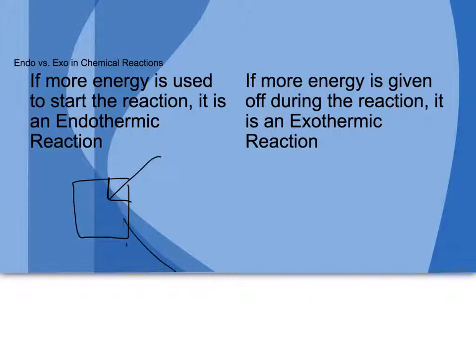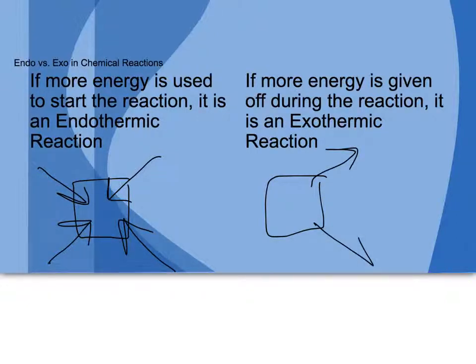And again, to reiterate for the second time, if it's pulling in energy, it should feel cold to us because it's pulling the heat away from our hands. Now, if the reaction is exothermic, as that reaction is occurring, it would be giving off energy or heat. In that case, if energy is leaving the system, that means it would feel warm to us. So that's how we would know that it's exothermic.